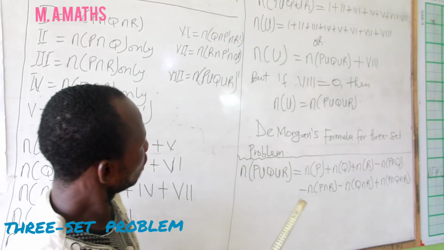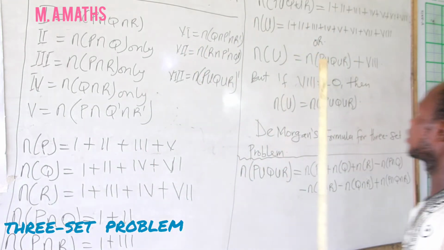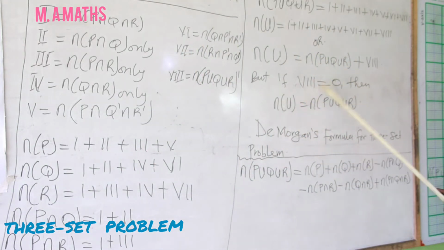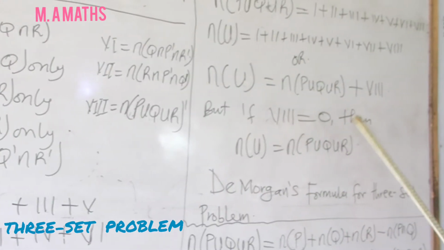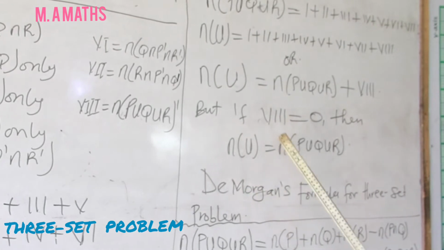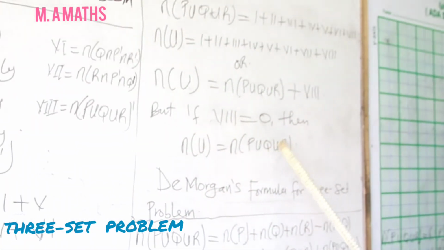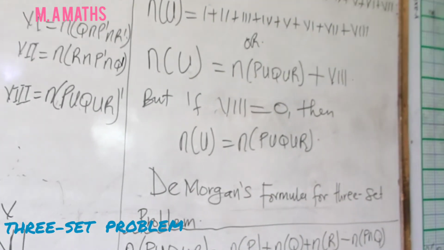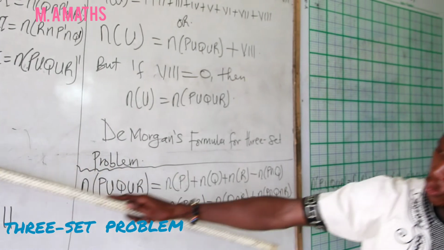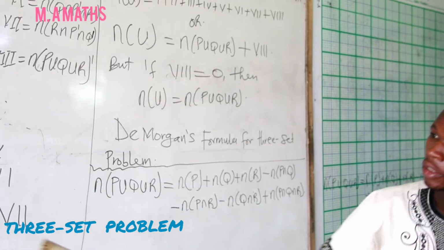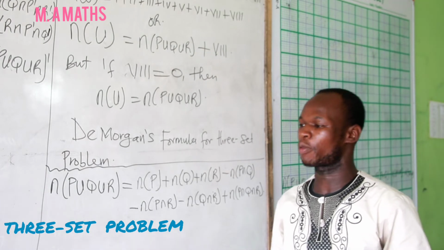But there is a condition here: in case region 8 is 0, then n of U equals n of P union Q union R. This is the concept behind the three-set problem.